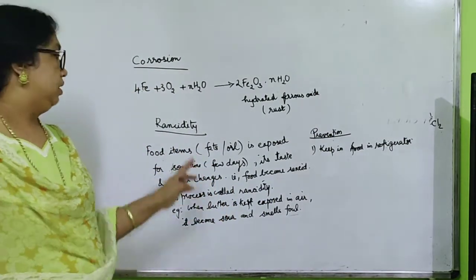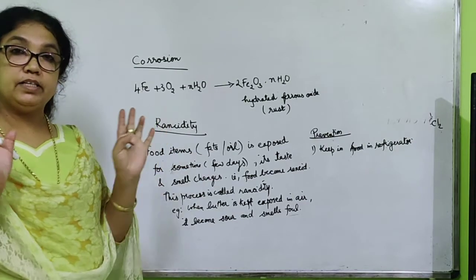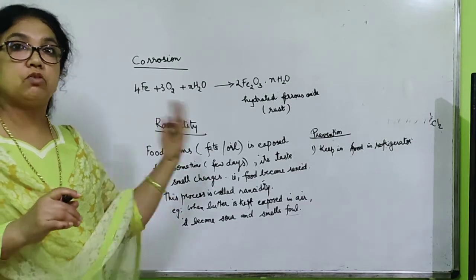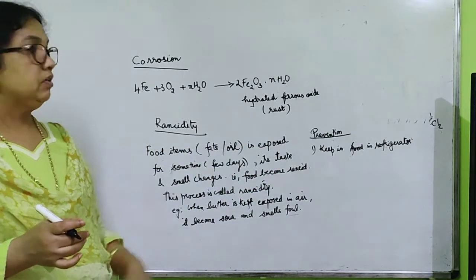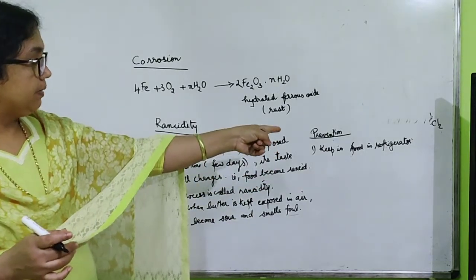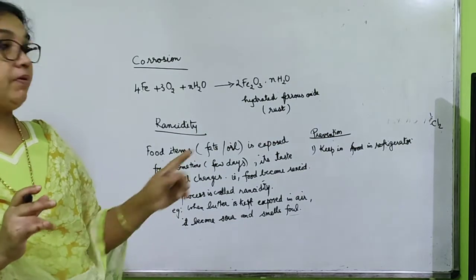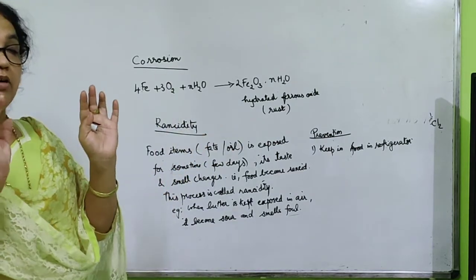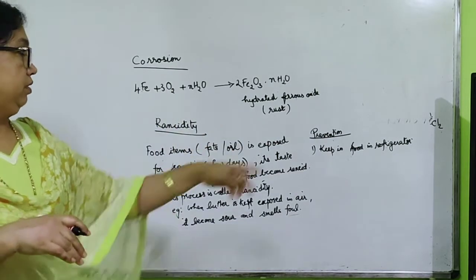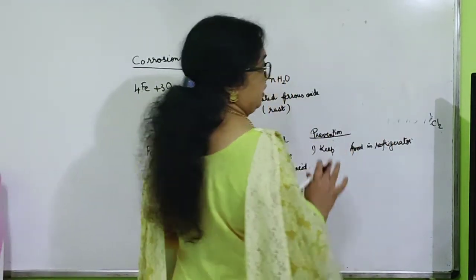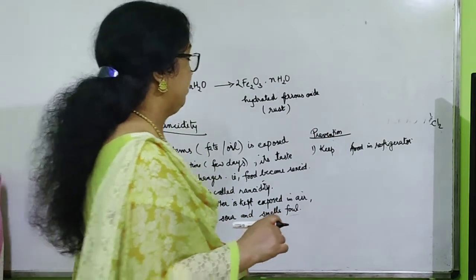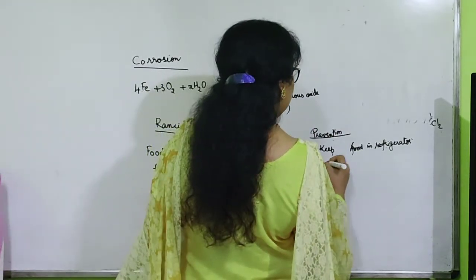When food items react with oxygen, they get oxidized, and that oxidation makes them rancid. If food is kept in the refrigerator, oxidation will be slowed down. That is one method.